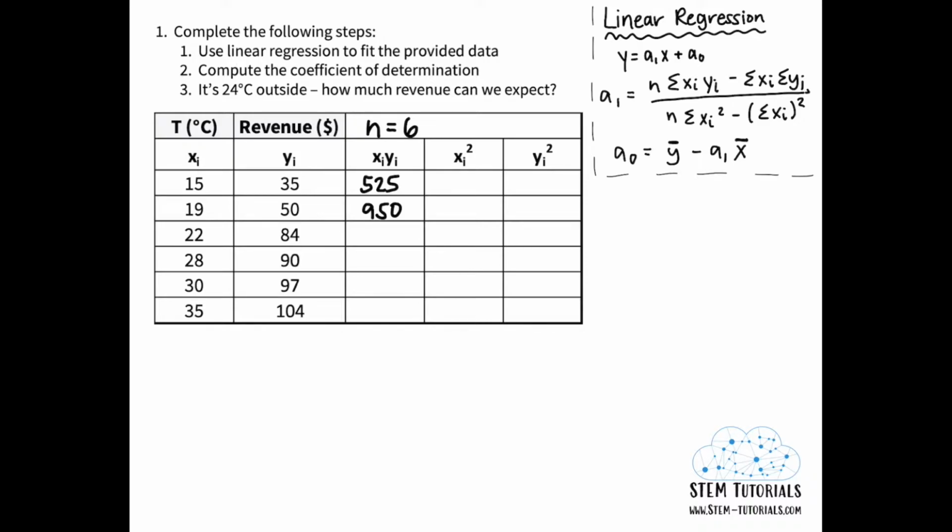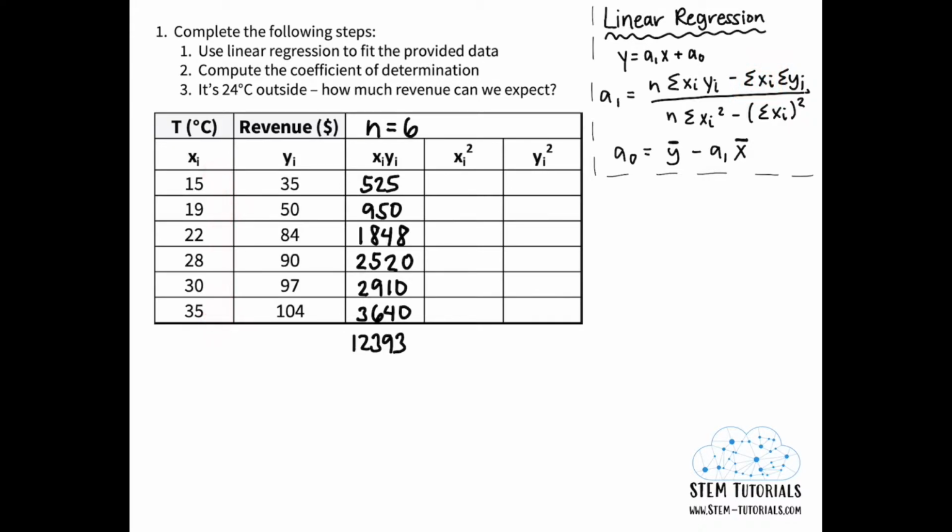And I'll just write down the rest of the entities. So when we add up all the values in our column here to get our term, we get an answer of 12,393.